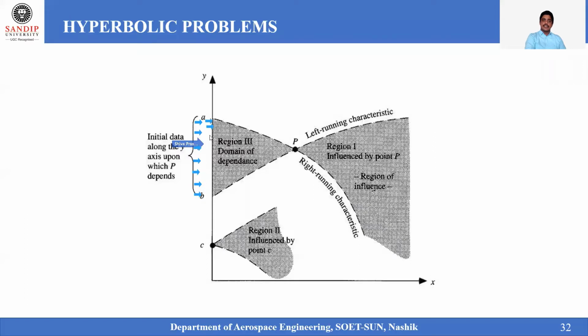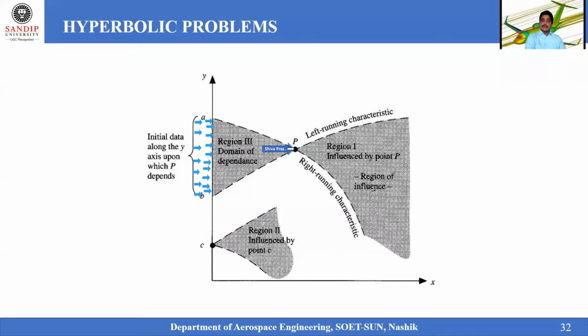So this is completely dependent on the AB points, where it is influenced from the Y direction, and the point P is where you are talking about the region influenced by the point P. One region is dependent on A and B, and the other region is influenced by the point P. If I am varying my A and B conditions, or the inflow conditions at A and B, which is coming along the Y direction, and I influence this fluid flow variation, then definitely that is going to change my P influence.